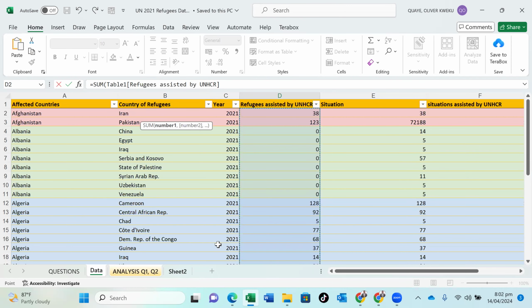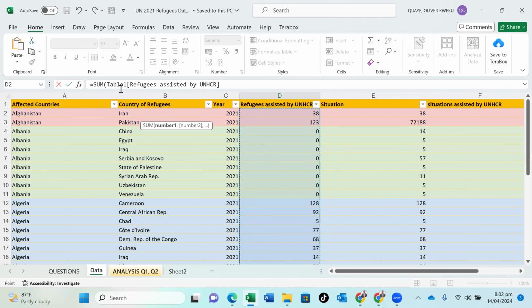But over here, after we highlighted this, we've moved from the analysis worksheet to the data worksheet. And now it is saying sum, bracket open, table 1, before the column name, right? Maybe somebody's asking, so why table 1 over there? I don't understand. Please, it's very simple.